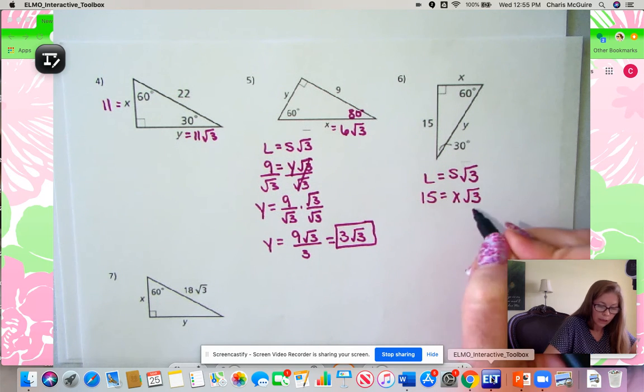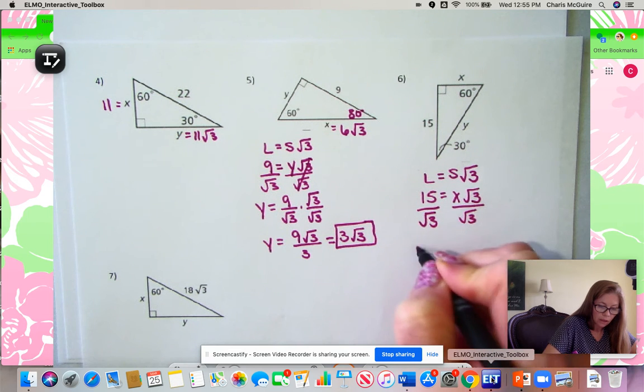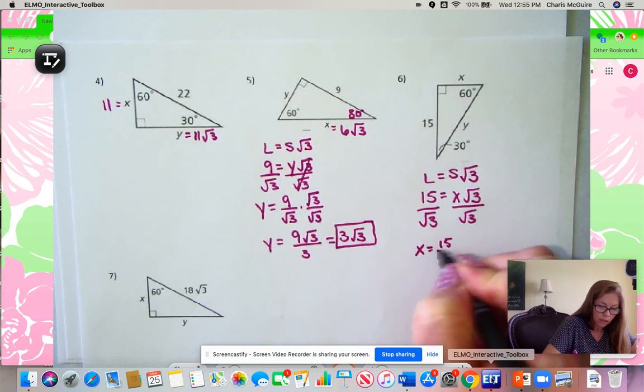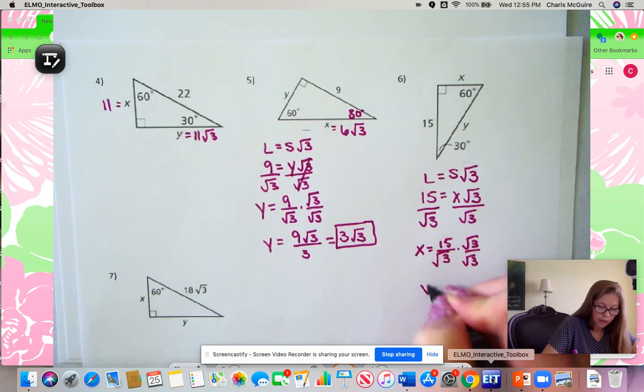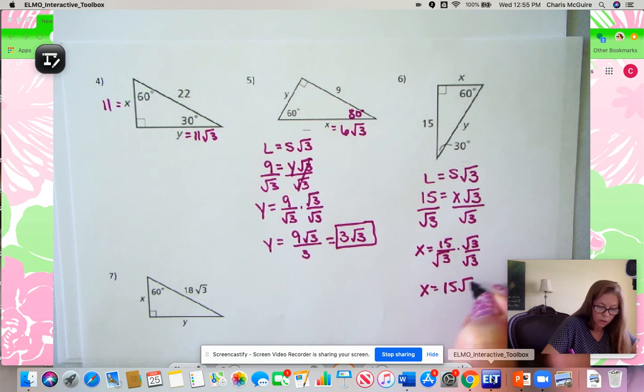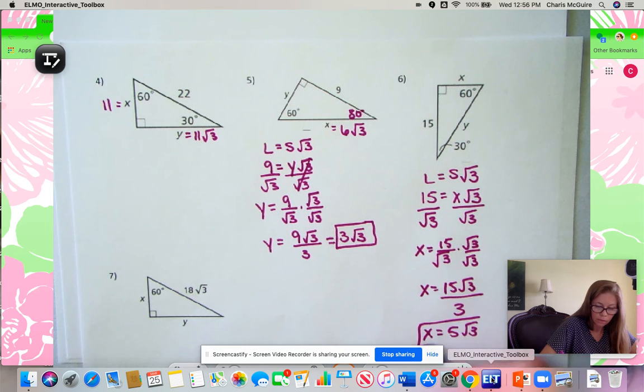And then we're going to go ahead and divide by the square root of 3. So x equals 15 divided by the square root of 3. And we rationalize, right? So x is going to equal 15 square root of 3 divided by 3, which reduces to 5 square root of 3.